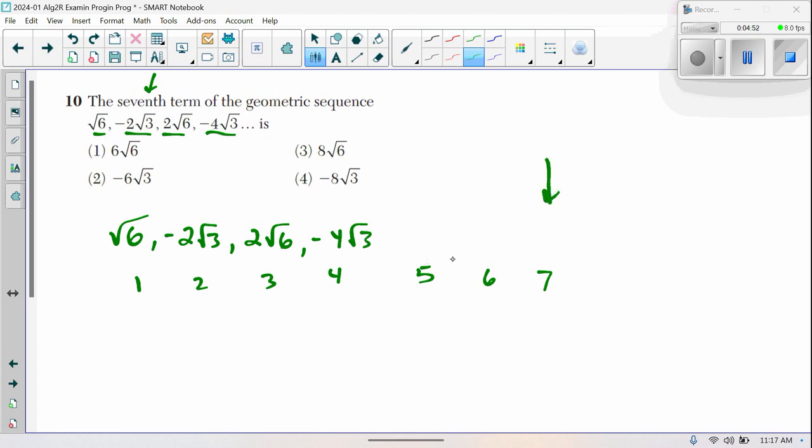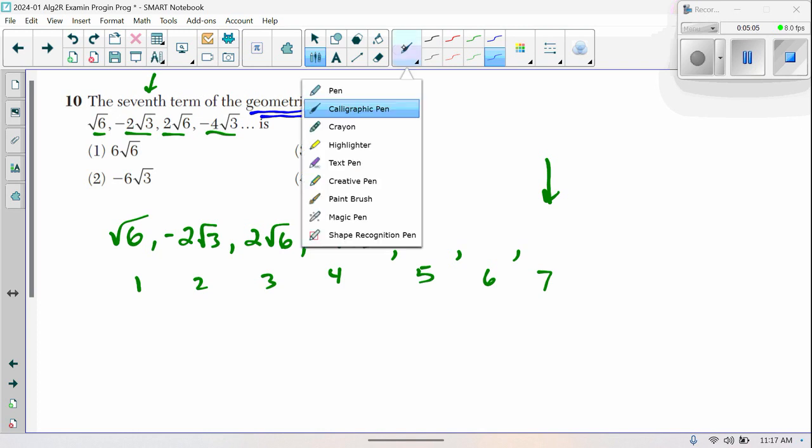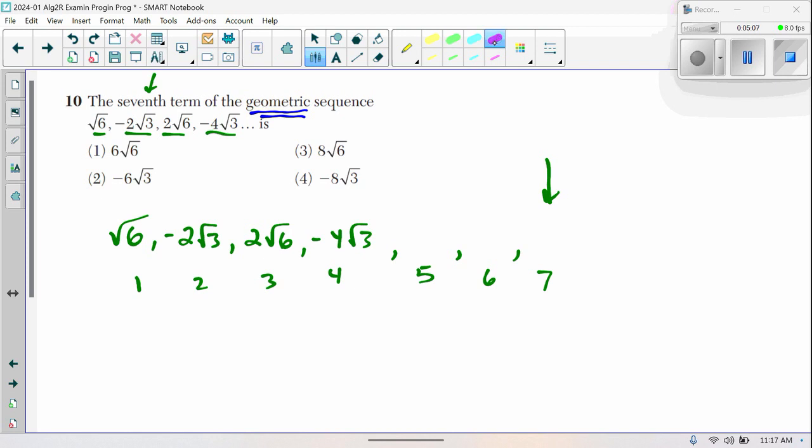The problem is, it's geometric, which is a help. That means I'm multiplying. There's a common factor. As I go from one term to the next, I'm multiplying. First things first, please note this is a positive, this is a negative. Then it goes to positive, then negative.